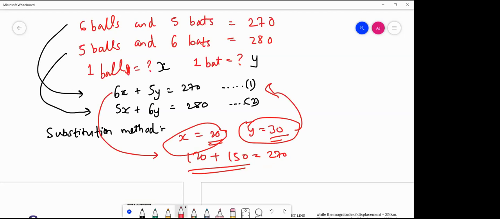One equation can have any number of solutions, infinite. So if there is one equation only, it will have an infinite number of solutions. If there are more than one equation, like in this case we have two equations, it will have a unique solution. Unique solution means only one solution, that is, only one pair of values will satisfy both the equations. Two solutions cannot be there.